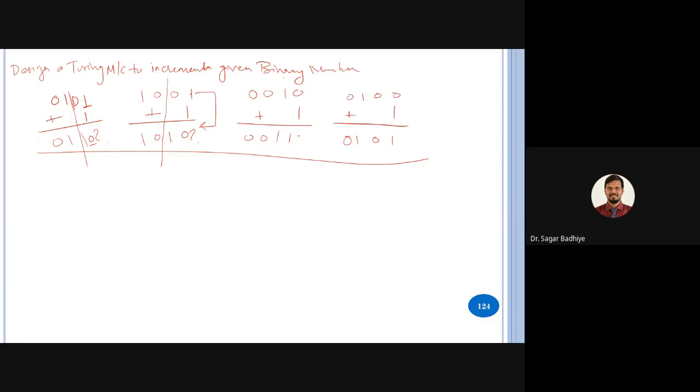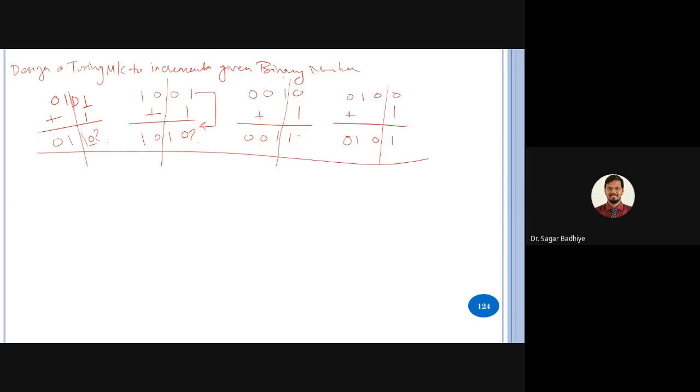That is, after 1 is there, 0 is there, 0 is there, 1 is there. After this 0, everything is the same. Here also 0 is the input, 1 is the output, 1 is the input, 1 is the output. Right? So here there is a change from this point. And in 0 1 0 0, 0 is the input, 1 is the output; 0 is the input, 0 is the output; 1 is the input, 1 is the output.